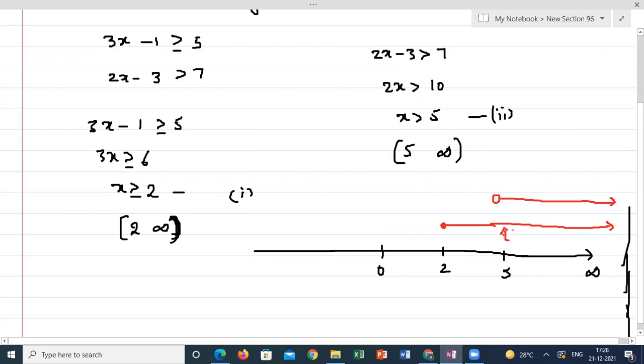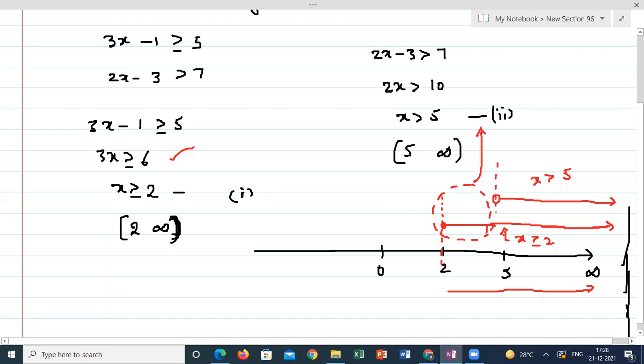So this line represents x greater than or equal to 2. This line represents x greater than 5. All the values of the number line from here will satisfy this expression. But according to the question, the solution should satisfy both the equations. This is a region where these values do not satisfy the second expression.